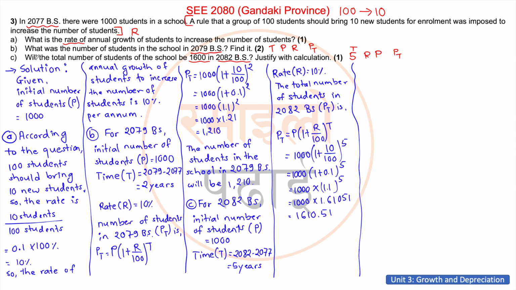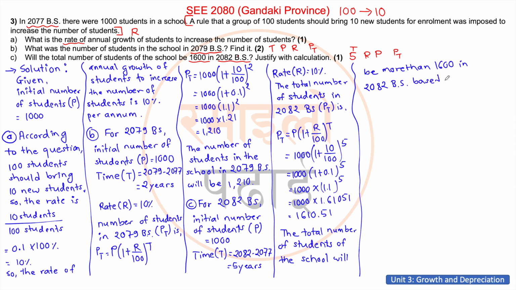In question number C, we are asked whether the total number of students in the school will be 1600, and after calculating we find out that the number of students will be more than 1600. So we can write that the total number of students of the school will be more than 1600 in 2082 BS, based on our calculations.